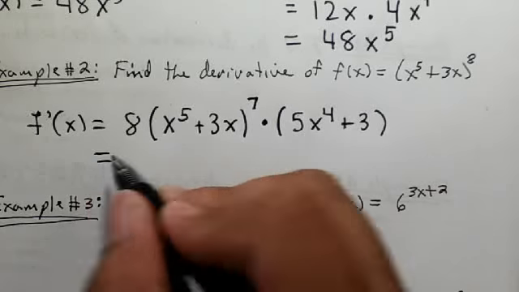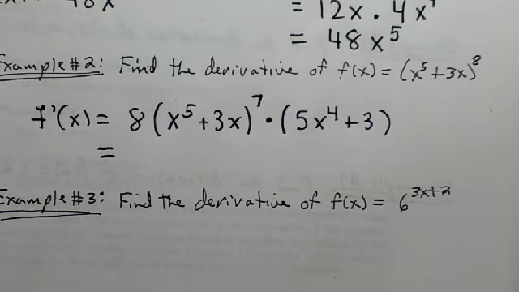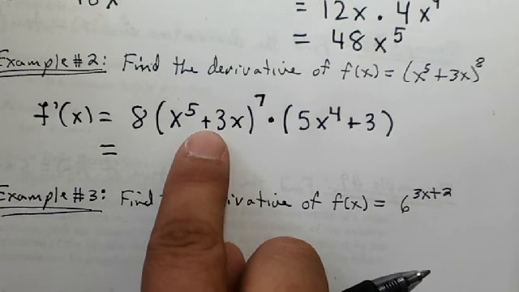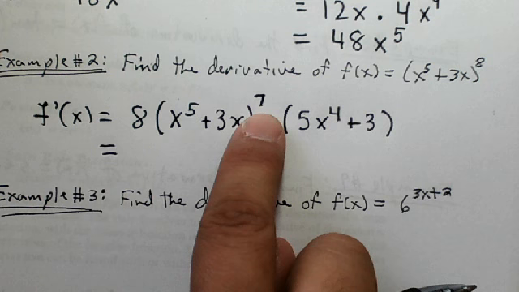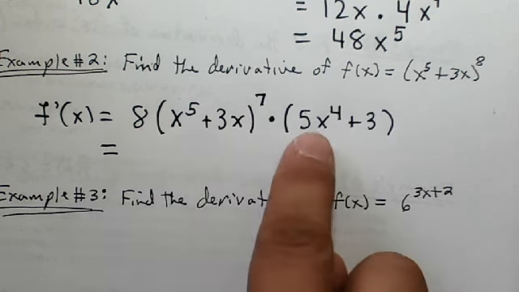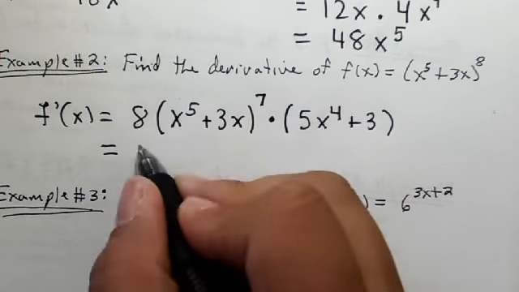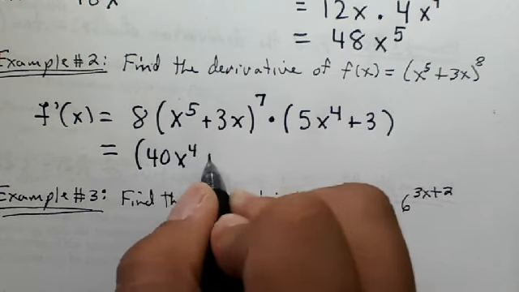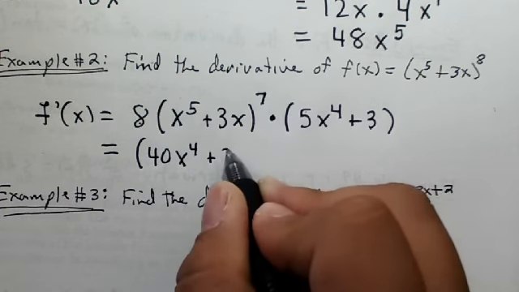So this gives us, watch, pay very close attention. I cannot multiply the 8 in here. Why is that? Well, this is being raised to the 7th power. So I could multiply the 8 over here. 8 times 5, that gives me 40x to the 4th. And 8 times 3, that's 24.